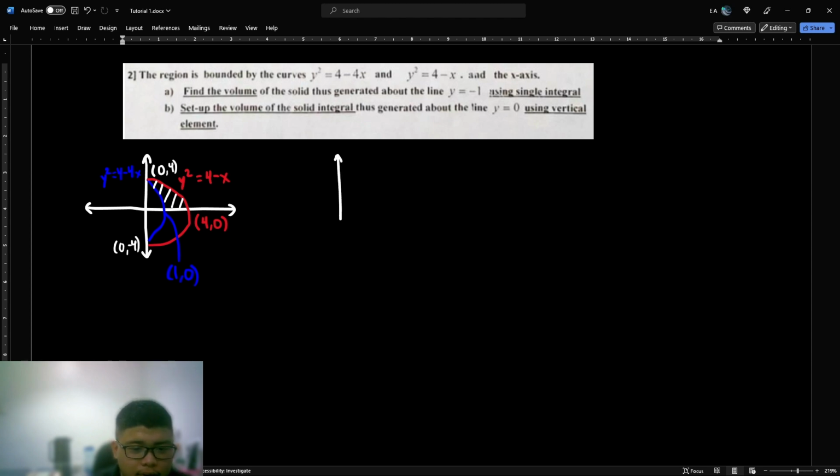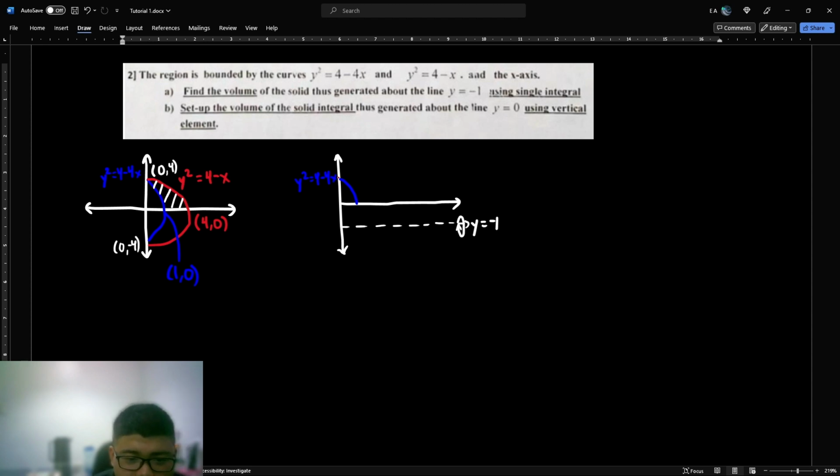So let's draw that again, but this time just getting this. This is y equals -1, which is our axis of revolution. This is our y squared equals 4 minus 4x.